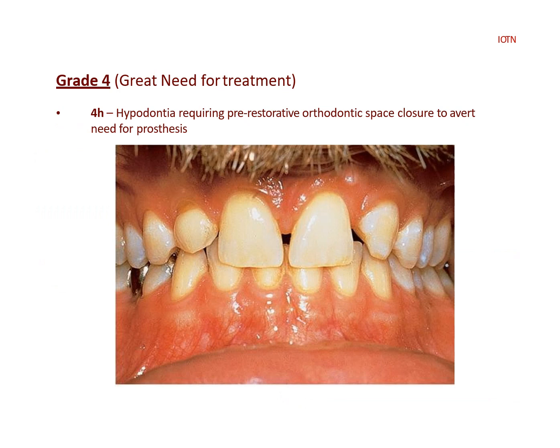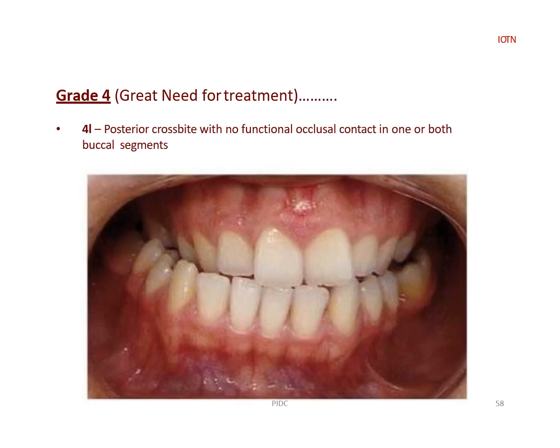4H is hypodontia, requiring pre-restorative orthodontic space closure to avert the need for prosthesis. I hope you all know what hypodontia is. What is 4L? Posterior crossbite with no functional or occlusal contact in one or both buccal segments.